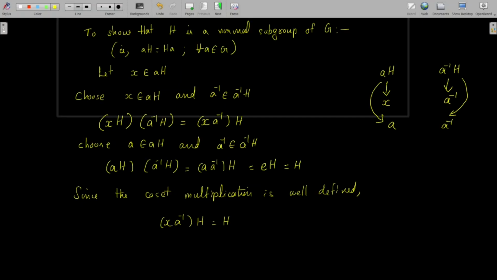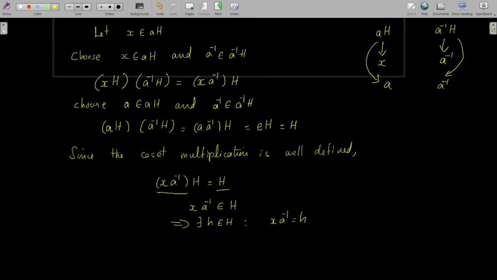This means that the coset containing x a inverse is equal to the coset H. In other words, x a inverse is an element in the coset H. This implies that there exists an element small h belonging to capital H such that x a inverse equals h.